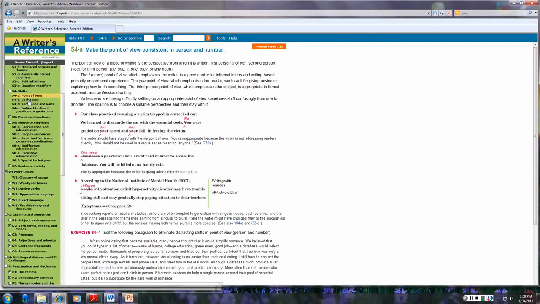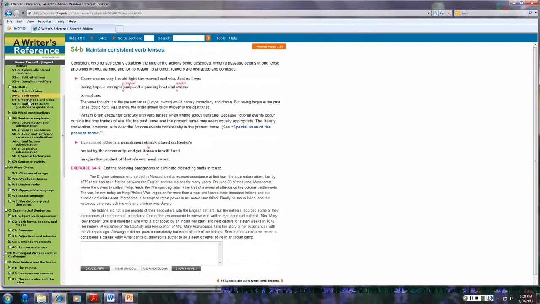Verb tense, the same thing is true. We don't shift verb tenses. We want them to be consistent. A verb tense is an expression of time. You indicate the relationship of time to the ideas through your verb tenses. If you're writing your paper in past tense, you maintain that. If you're writing in present tense, you maintain that.